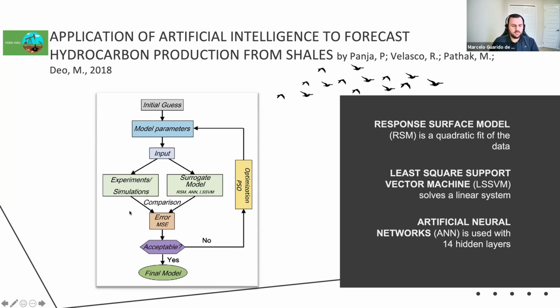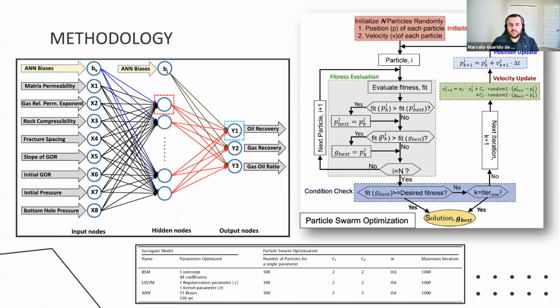And in this paper, they didn't use real data. They used simulations of production with some information that they had from geology and other information, and tried to compare those three methodologies. What I found quite interesting in this paper is how they are selecting their hyperparameters and their best model.